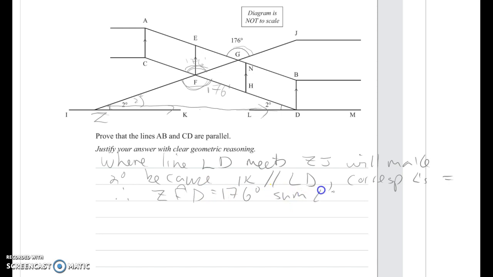Sum of angles in a triangle add to 180 degrees. And so, therefore, CFG equals 176 degrees. Vertically opposite angles are equal.